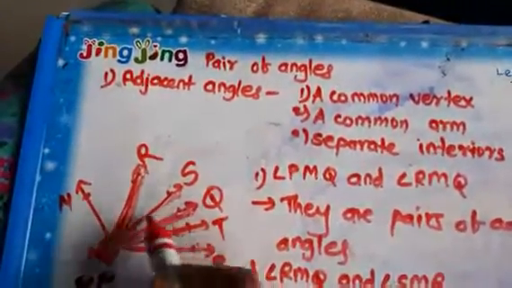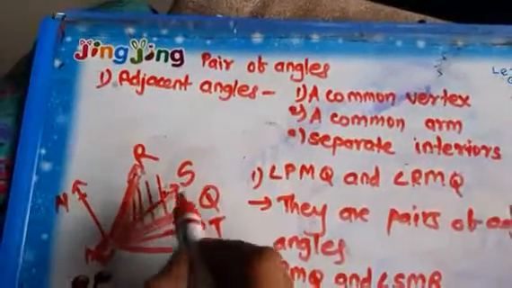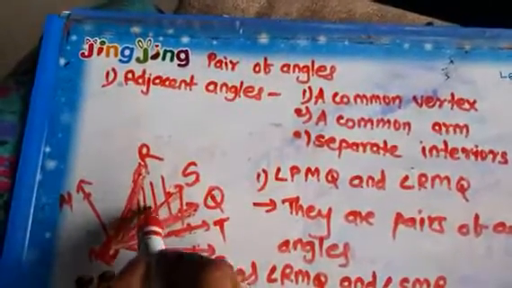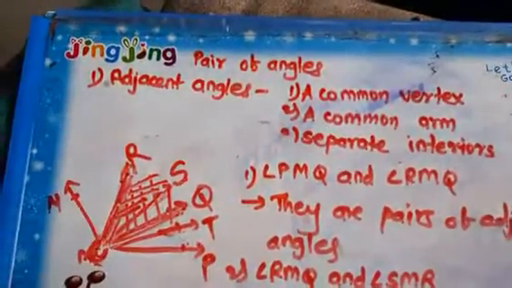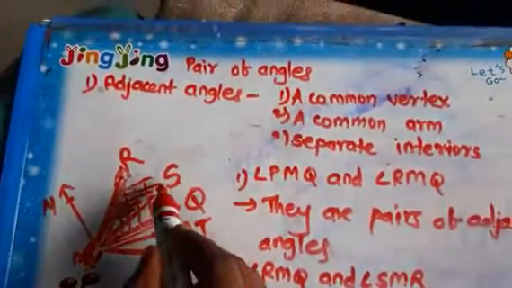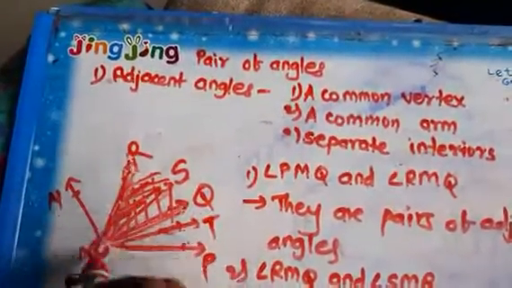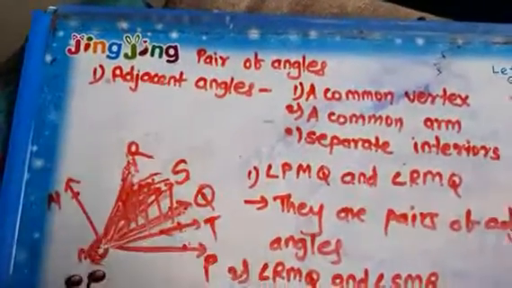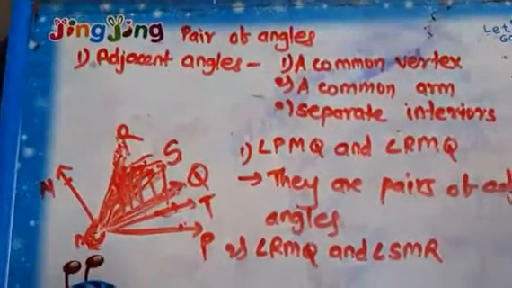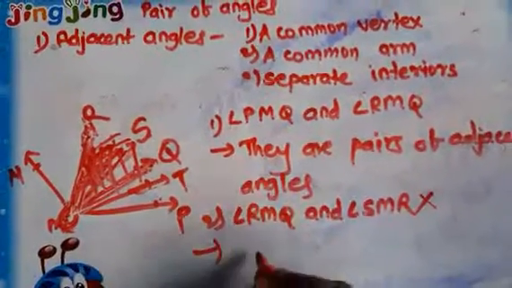RMQ is having this interior and SMR is having this interior, means they are not having separate interiors. SMR's interior is included in SMQ's interior, means they are not having separate interiors, means this is not a pair of adjacent angles. So what will the reason be?